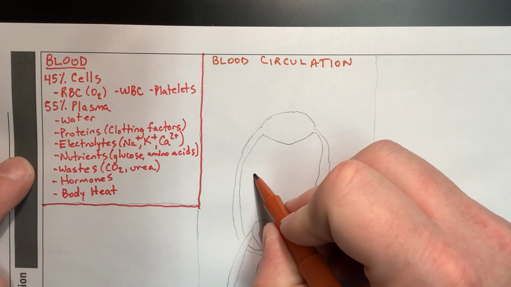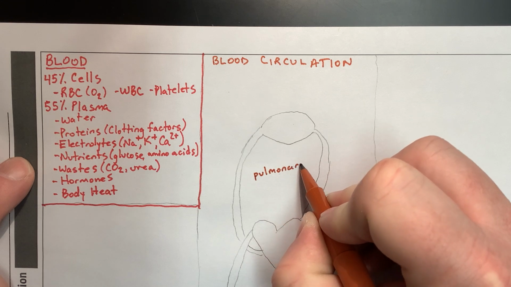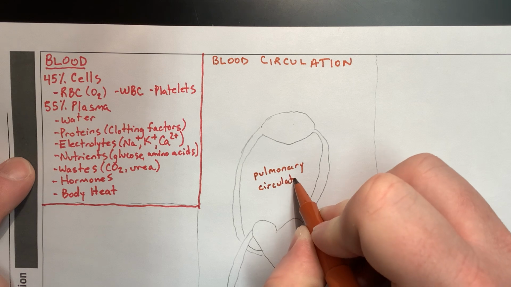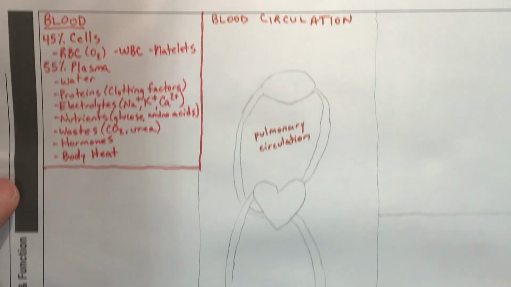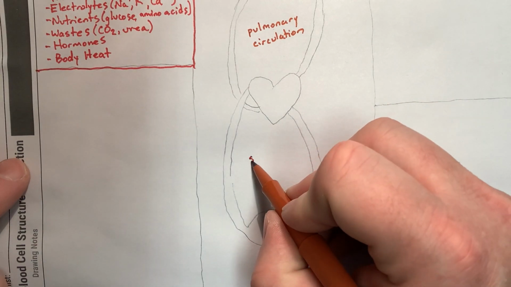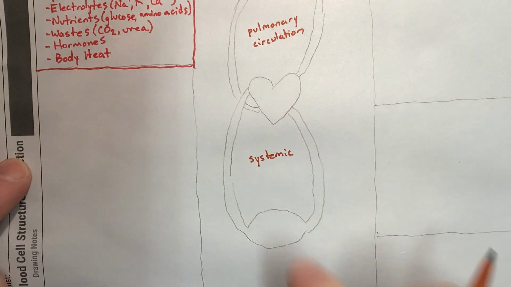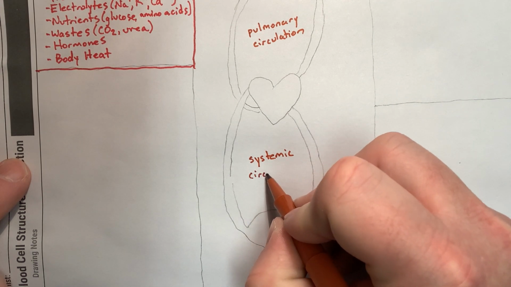One of those is called the pulmonary circulation. And pulmonary, whenever you see that word, that's going to have to do with your lungs. And the other is called the systemic circulation. So how blood gets to all of your body systems, all of the rest of your systems and tissues are covered by systemic circulation.